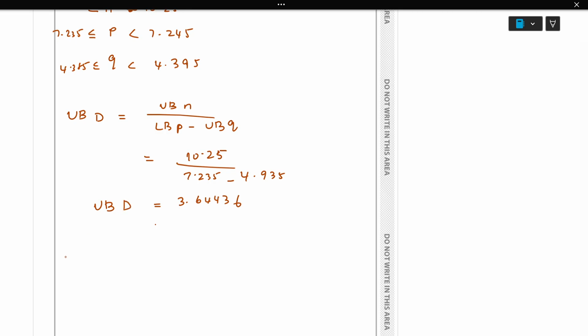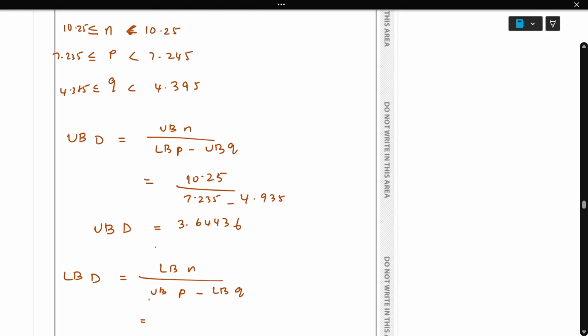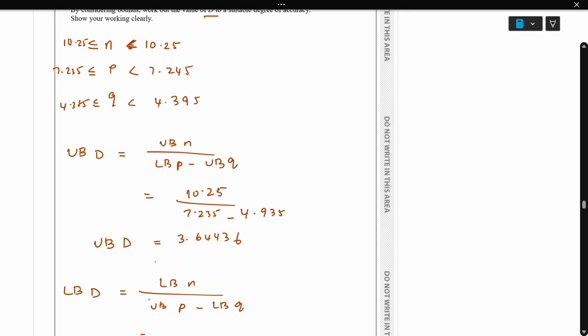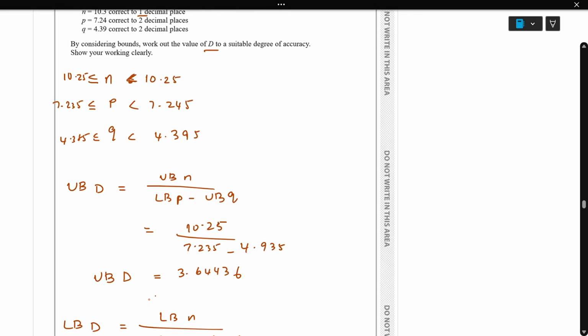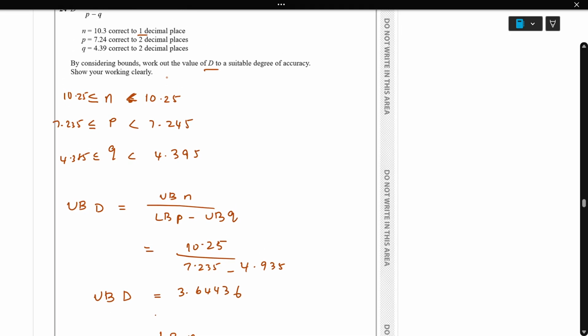Next I'll calculate the lower bound of D, which is lower bound of n over upper bound of P minus lower bound of Q. Sorry, here is a small mistake.